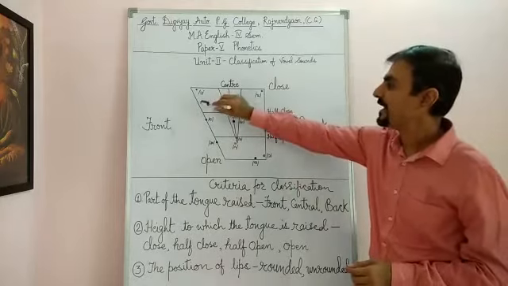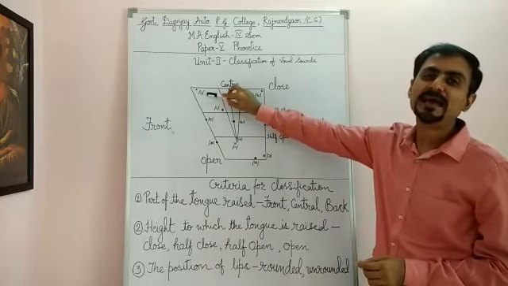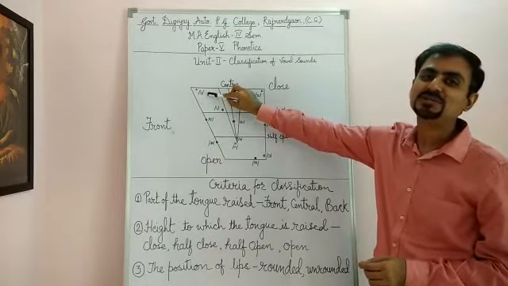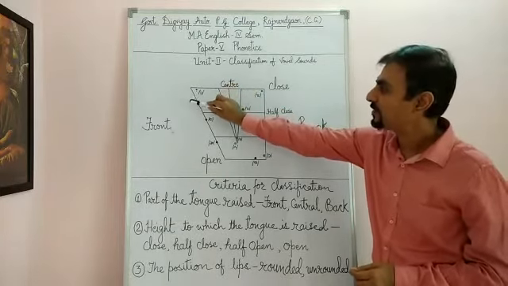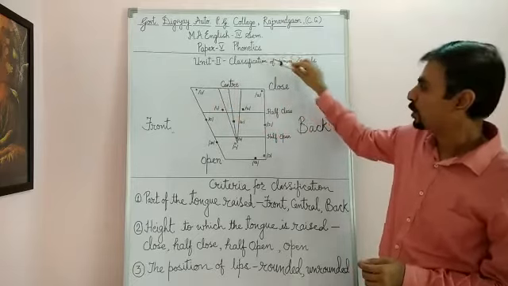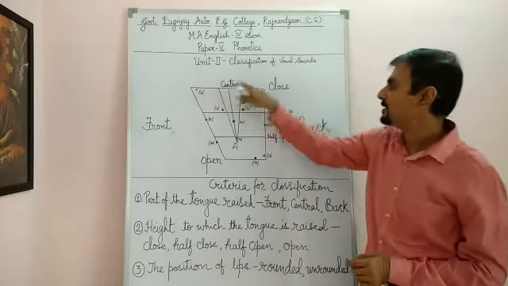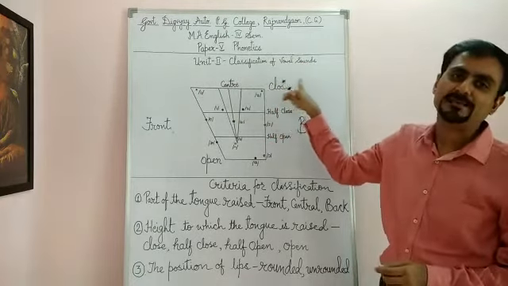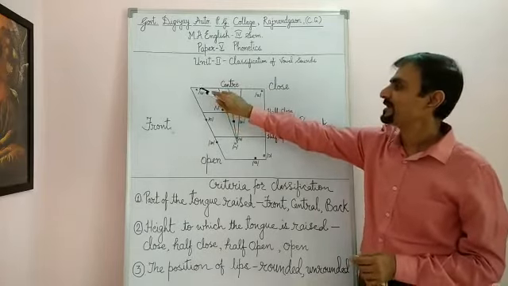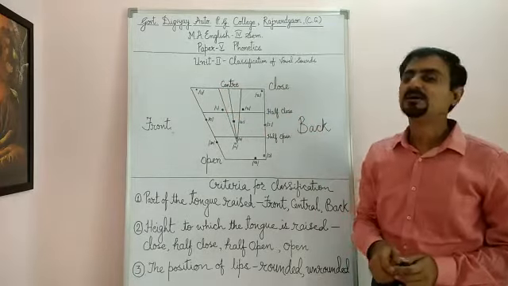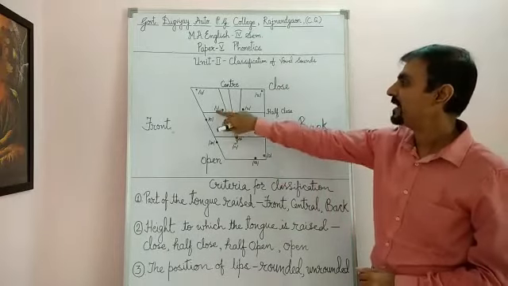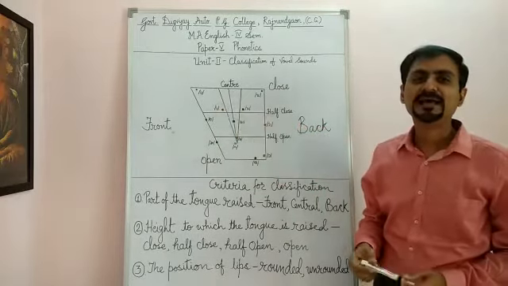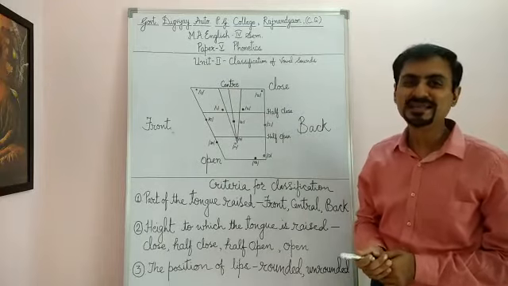First of all, we have E. E as in beat, E as in sheet, E as in heat. It is a front, unrounded, closed vowel. It is close to the closed line. E can be defined as a front, closed, unrounded vowel. Similarly, E as in bit, E as in hit, E as in kit.